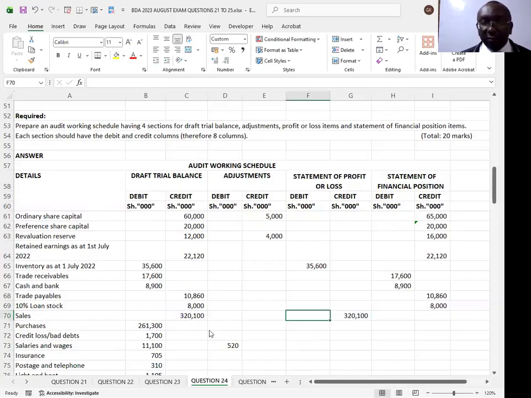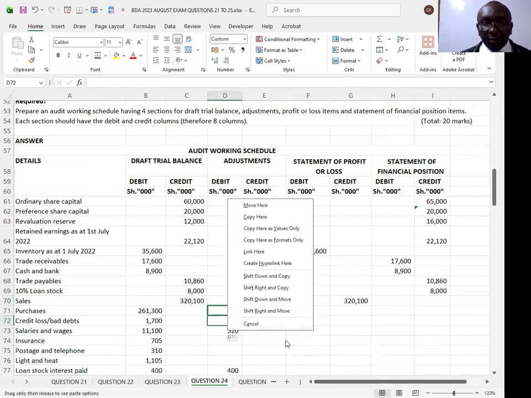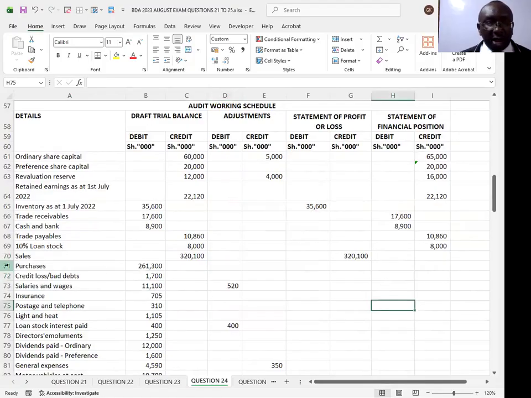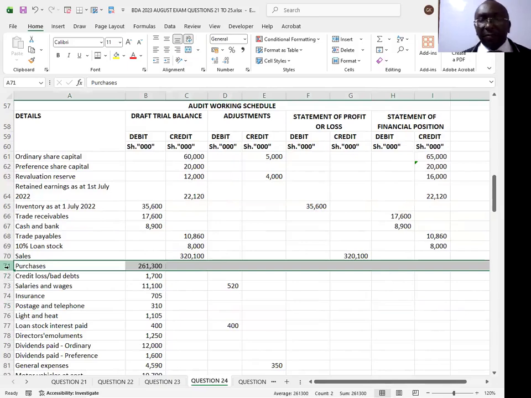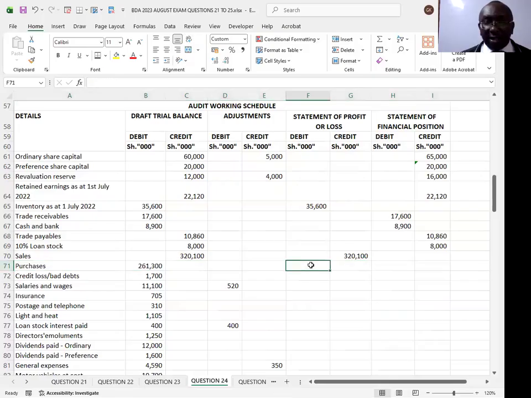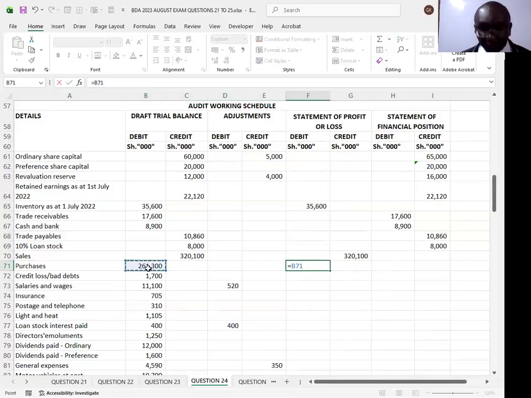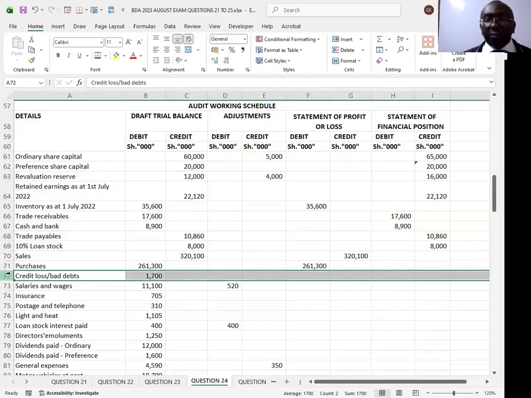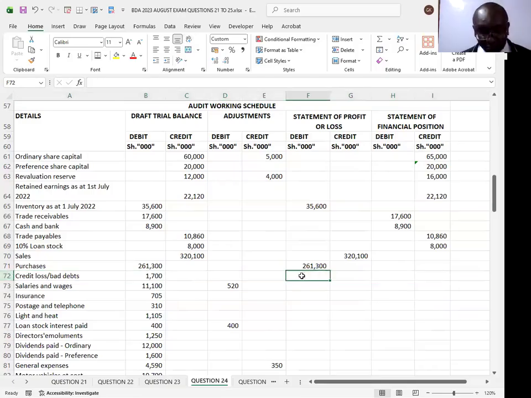Haya. Tukuje kwa purchases. Purchases, I have to debit that because an expense. Credit loss, that is an expense, so we debit.